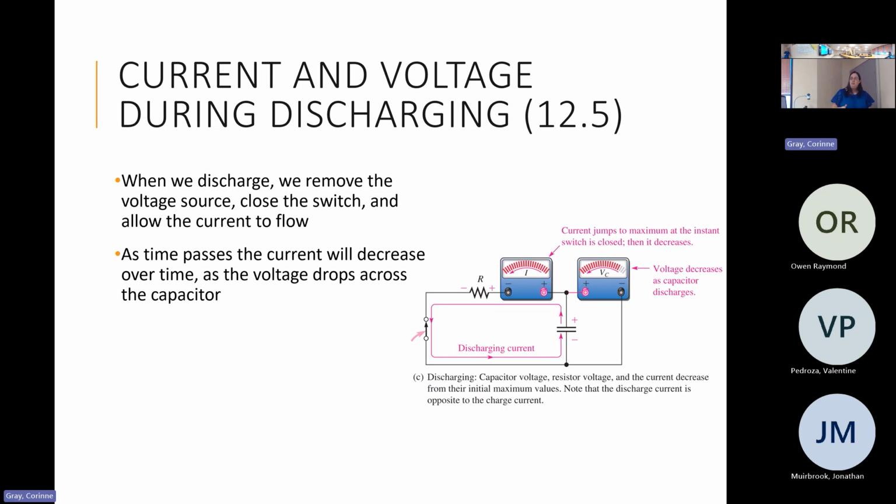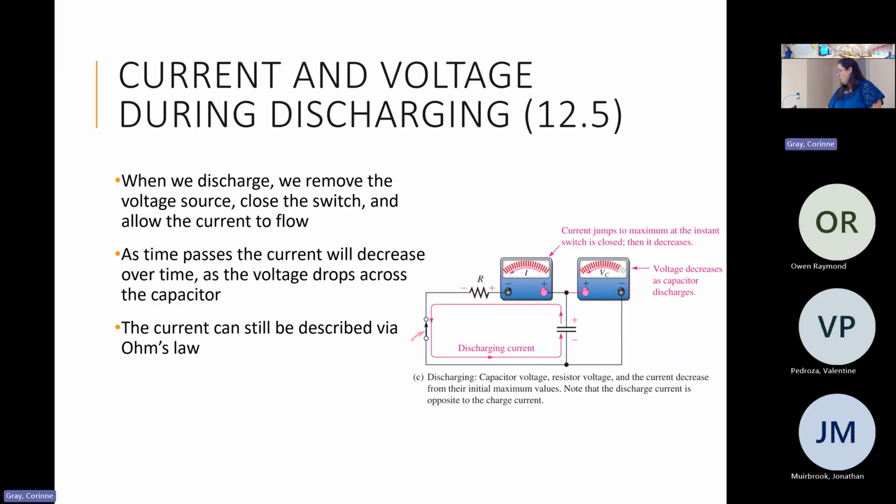So over time, when I'm charging, maximum current goes down to 0. When I'm discharging, maximum current also goes down to 0 as the voltage drops across that resistor. Technically, when I'm using this parallel plate capacitor as my source, it is still technically a voltage source. So if I needed to, I could describe the current with Ohm's law.